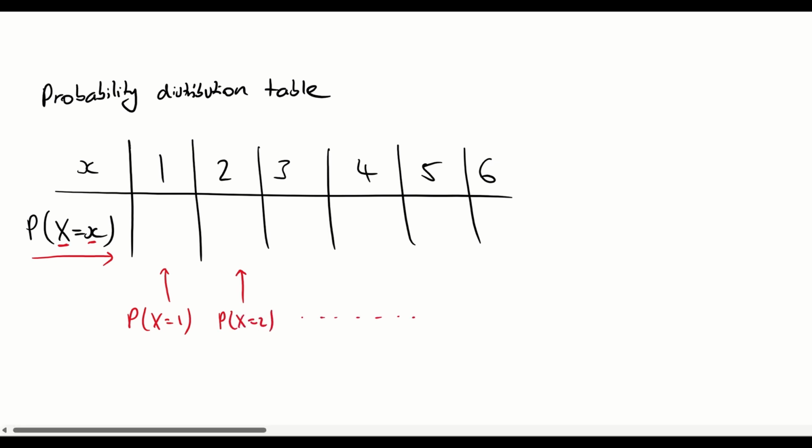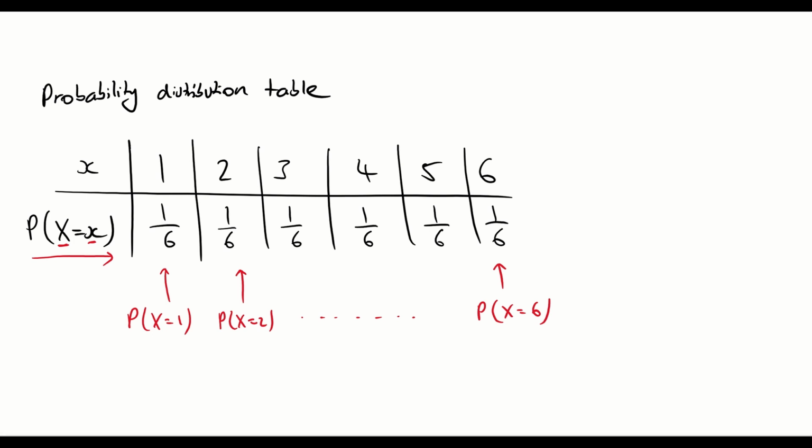All the way down to the final box where we're saying what's the probability that I roll a 6? And for a die, we know that all the numbers are equally likely to show up. So it's a 1 out of 6 chance in each particular outcome. Now, that's not always the case for every discrete random variable distribution. Some experiments will have different probabilities for different outcomes, but for this particular case of rolling a die, they all have the same probability.